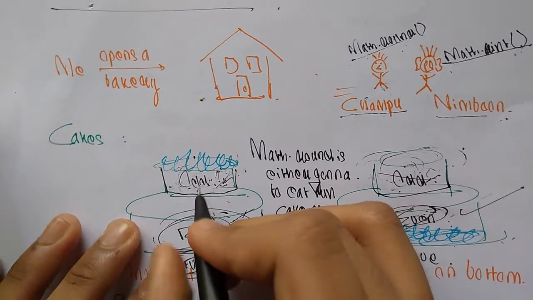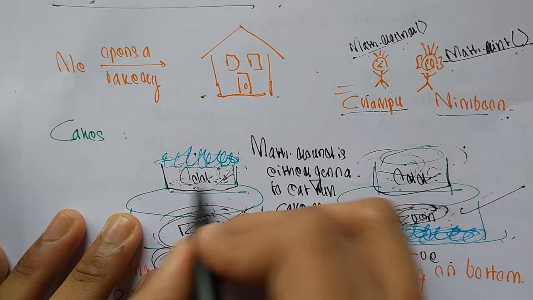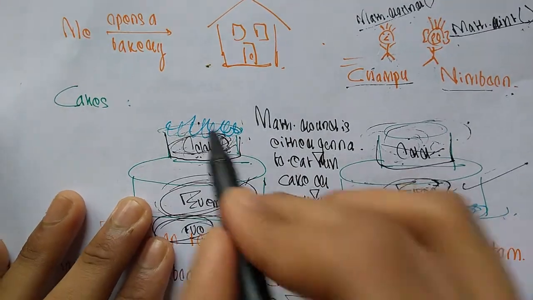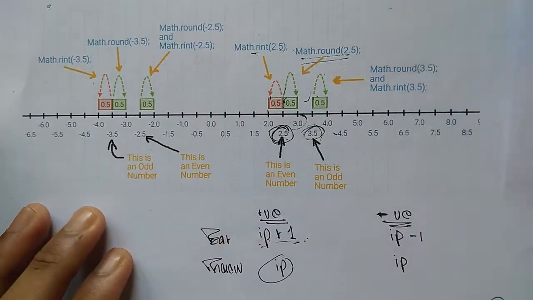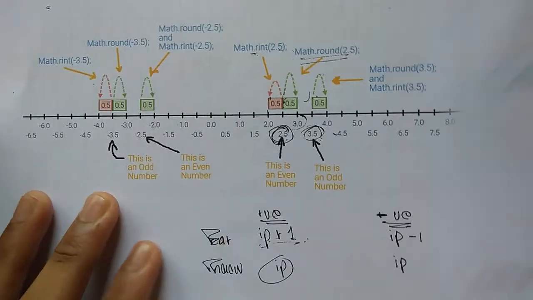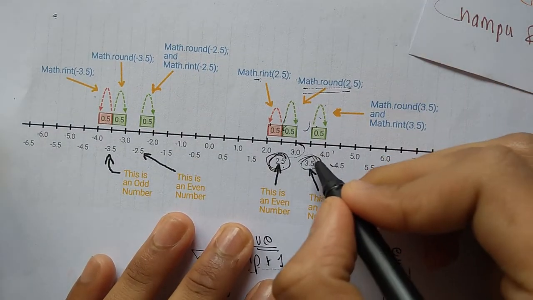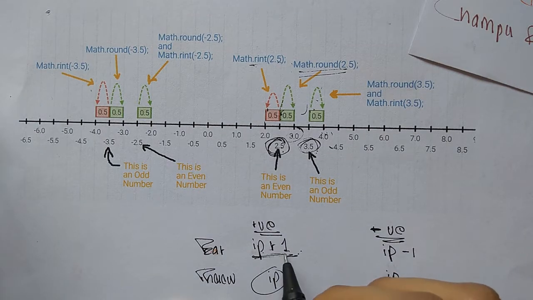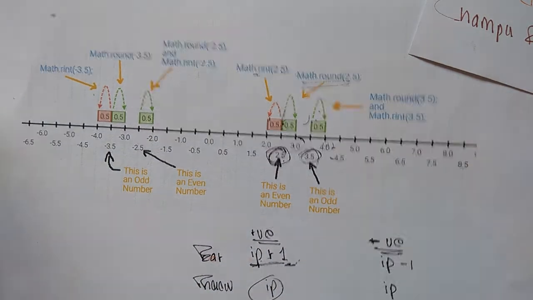On the other hand, Math.rint is also eating this part of the cake, because you remember, Math.rint threw the even part and ate the odd part. He ate the odd part, which means that he will return 4.0. So he will also return integral part plus 1, right? That's why 4.0.